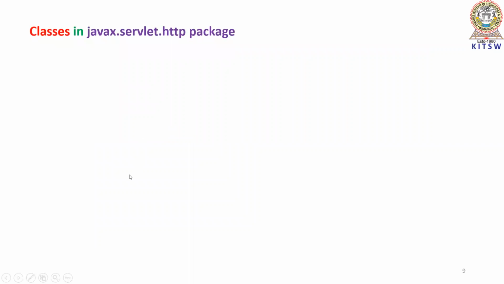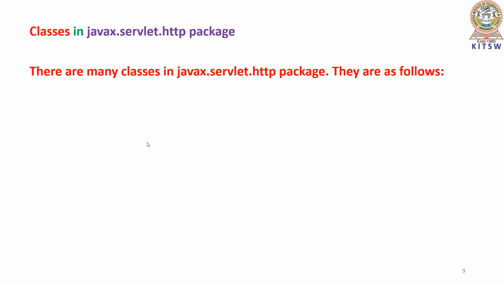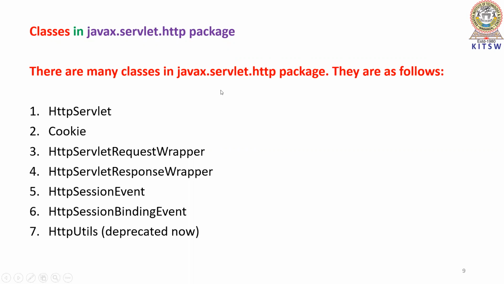What are the different classes present in this package? There are many classes in this package. They are HttpServlet, Cookie, ServletRequestWrapper, ResponseWrapper. Remember, when we have a request related class, there will be a response related class.